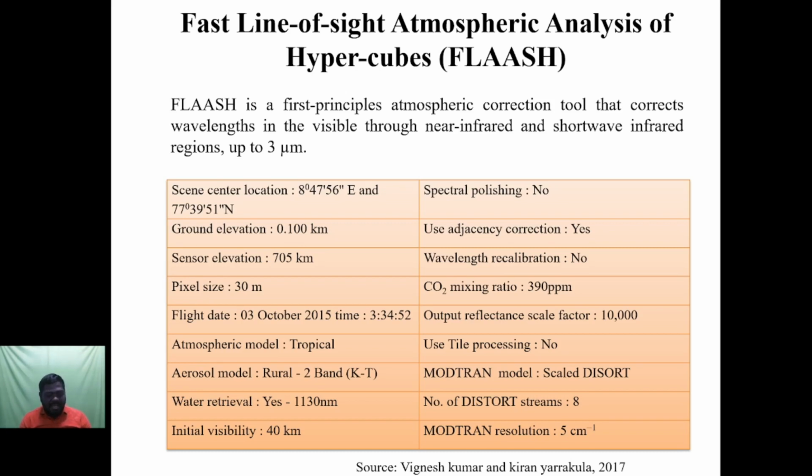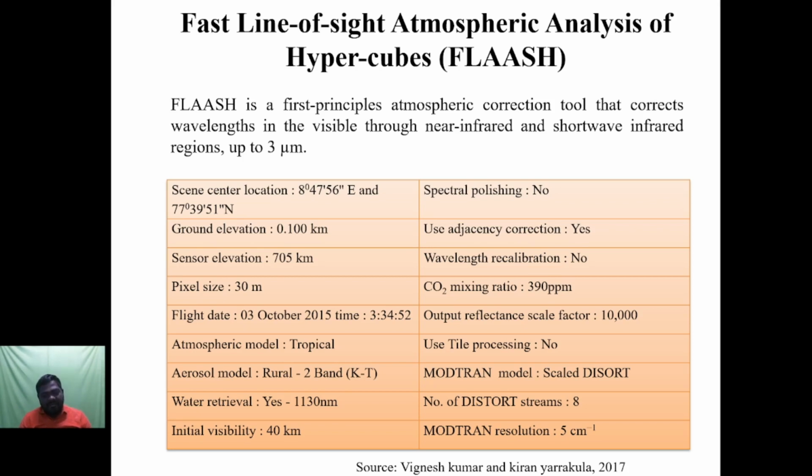It also needs the atmospheric model, aerosol model, water retrieval, initial visibility, spectral polishing, adjacency correction, wavelength calibration, CO2 mixing ratio, output reflectance scale factor, tile processing, and modtran and spectral resolution.